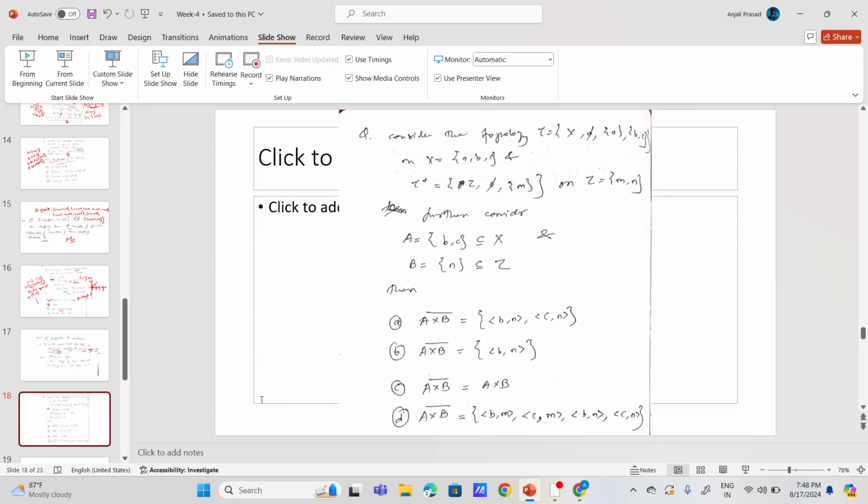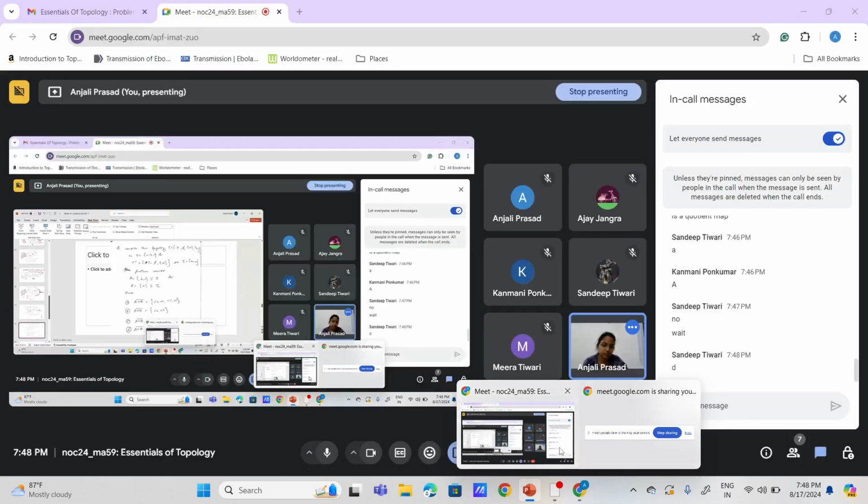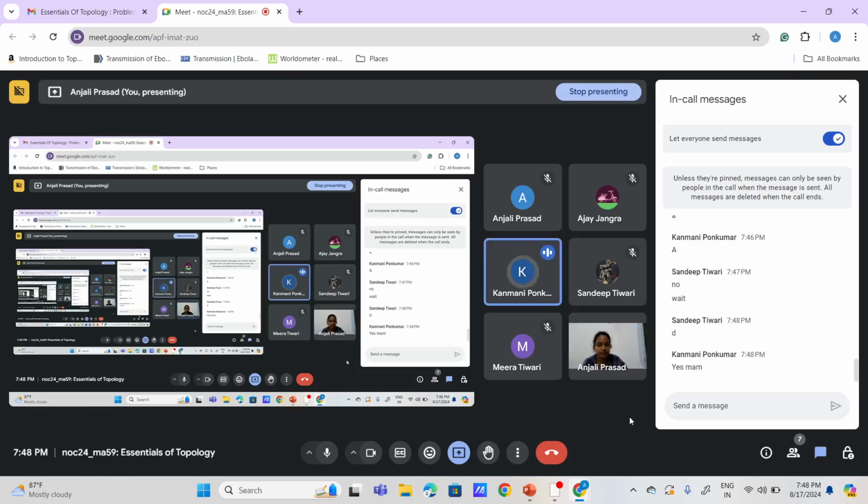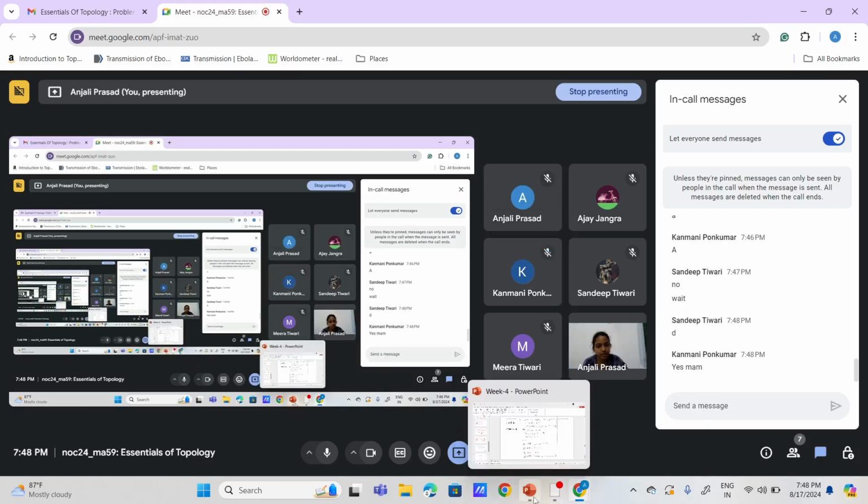Try it. Is it option A? Are you sure? So you're saying option D. Others, what you are getting? Kanmani, are you still getting option A or D? A, ma'am. A. Okay. Have you checked it nicely?